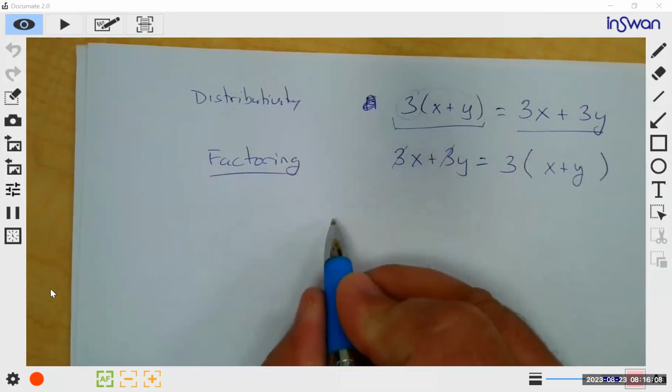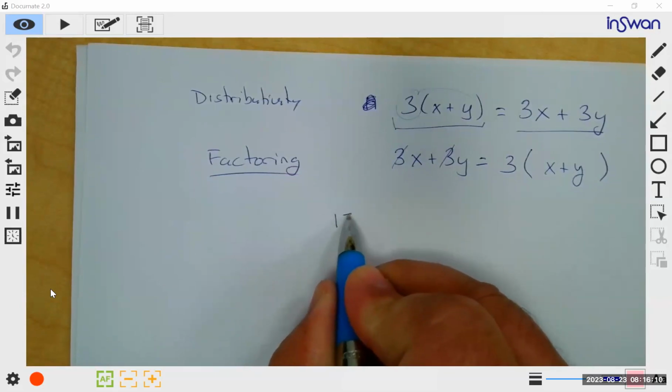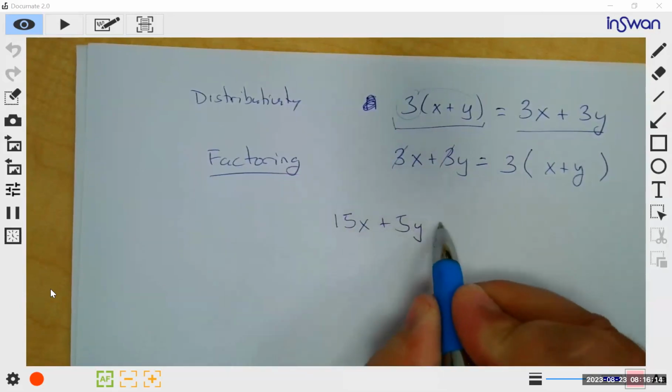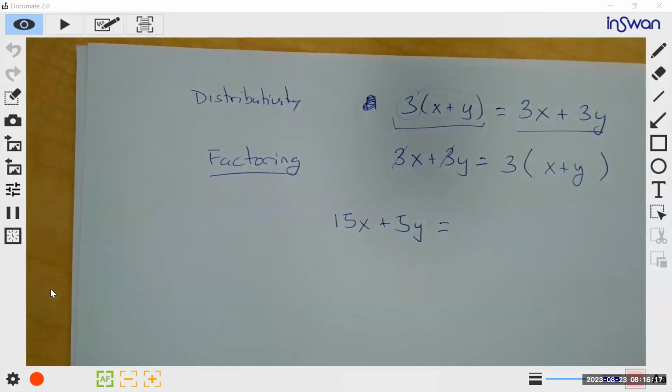So here's another example. Factor that one out.